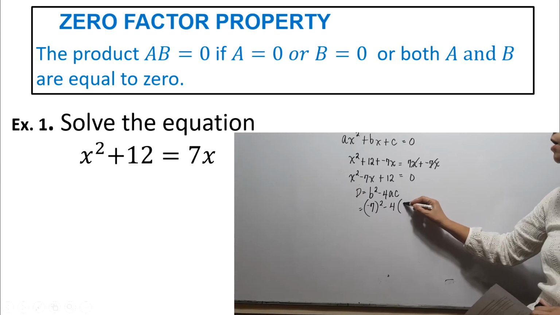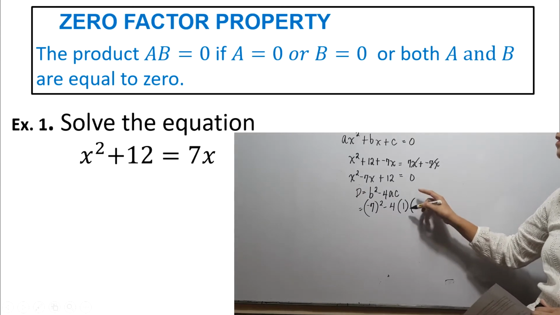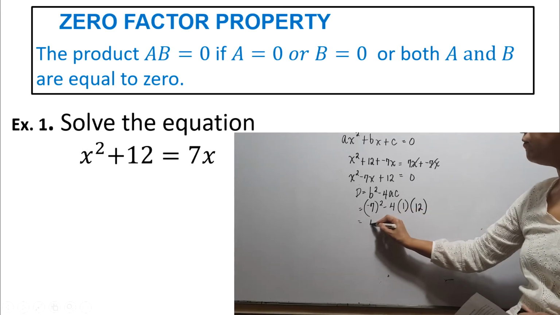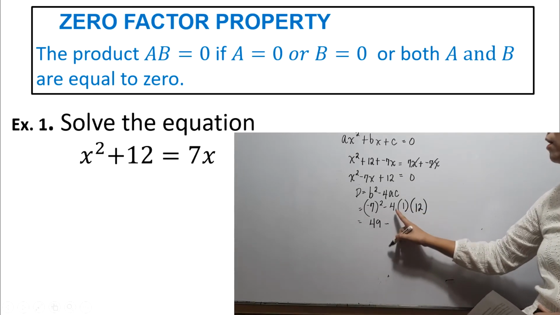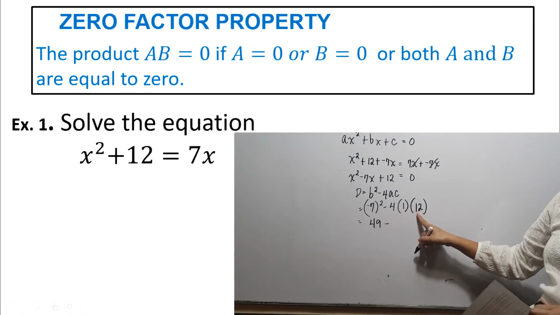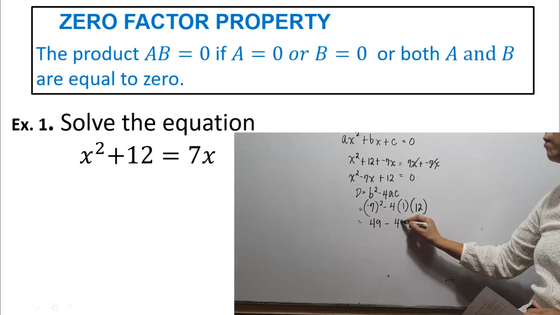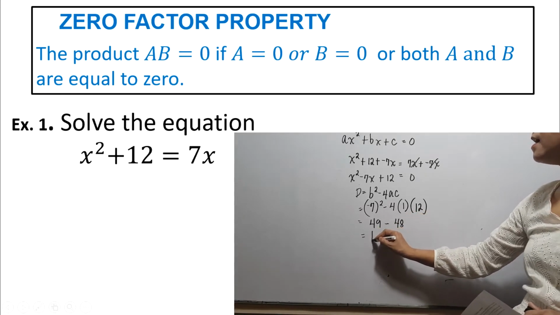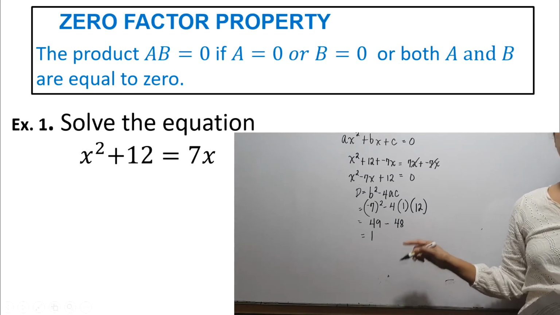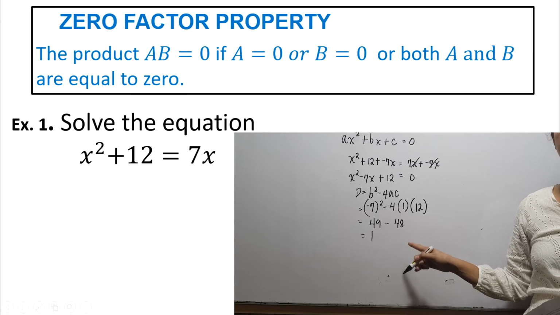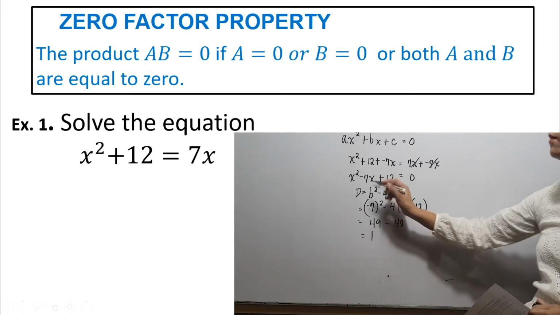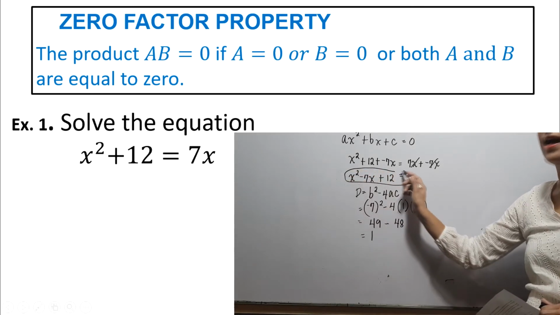That is a, no? So, 1 times c. And c is 12. So, we have 49 minus 4 times 1 is 4 times 12 is 48. So, 49 minus 48 is 1. And 1 is a perfect square. The square root of 1 is 1. So, it is a perfect square. So, therefore, this trinomial is factorable.